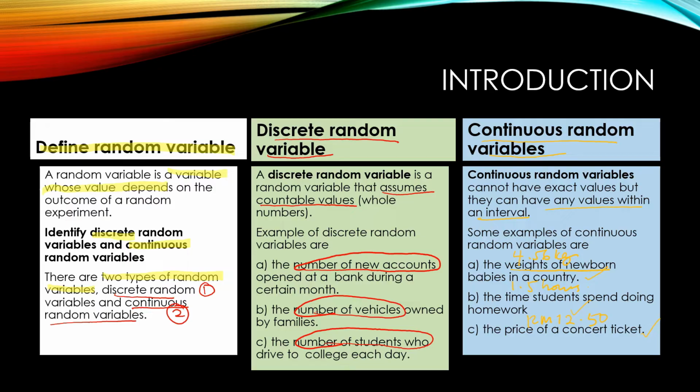It cannot be in decimal places. For example, the number of vehicles. We cannot say the number of vehicles is 10.5, right? So for discrete random variables, the values must be whole numbers. Whereas for continuous random variables, the values are uncountable, or in other words, they can have decimal places.